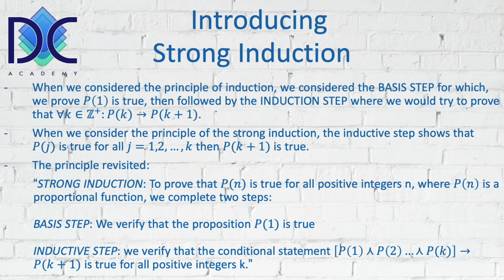For the inductive step, we have to verify that the conditional statement is true for P of 1 and P of 2 up to P of k before we can conclude that P of k plus 1 is true for all positive integers. So here we do not just take one step, we have to look at more steps.